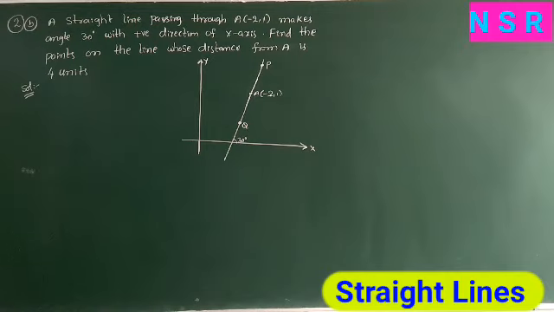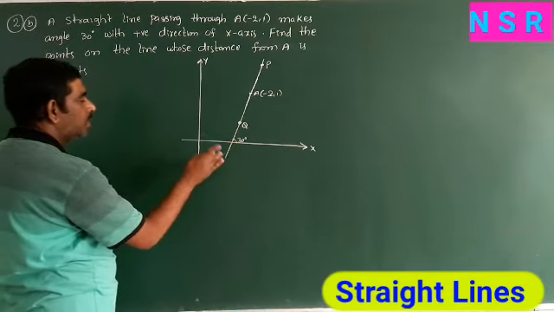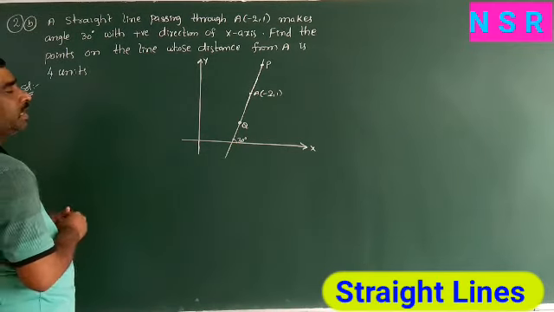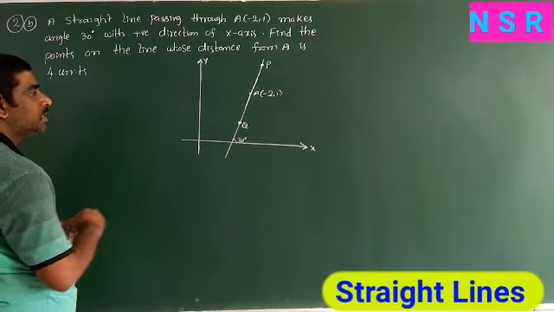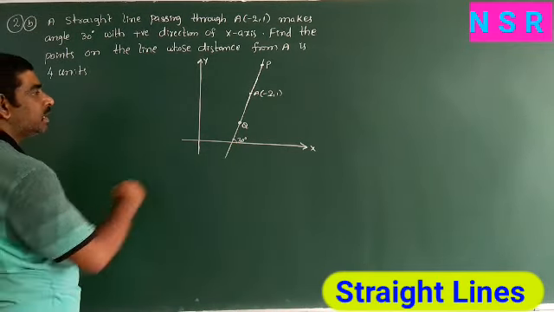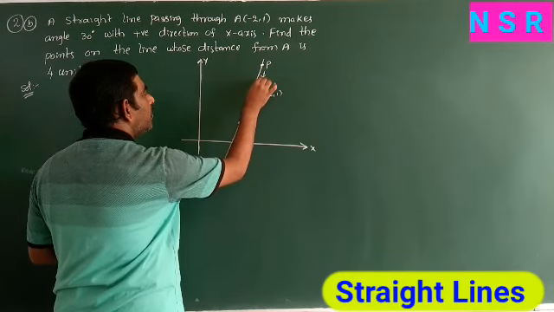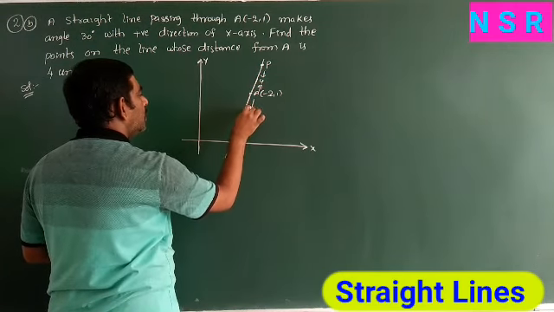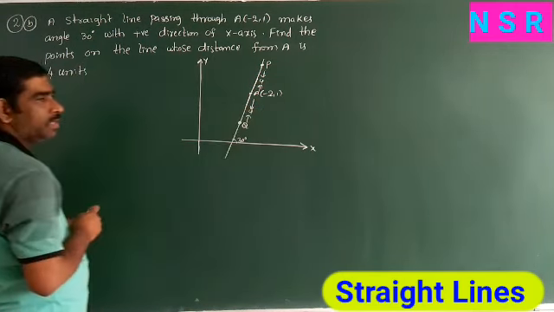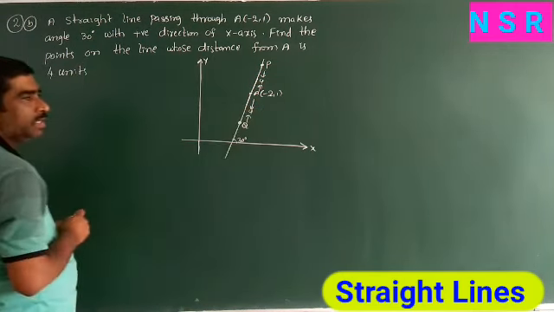So next, question number 2, B bit. Here also we find 2 points on the straight line. In the first question, a straight line was given and here the angle is mentioned. This line makes an angle of 30 degrees with the positive direction of the x-axis, and the line passes through A. Here find the 2 points at a distance of 4 units from A. In the first A bit we had 5 units given and also a straight line.